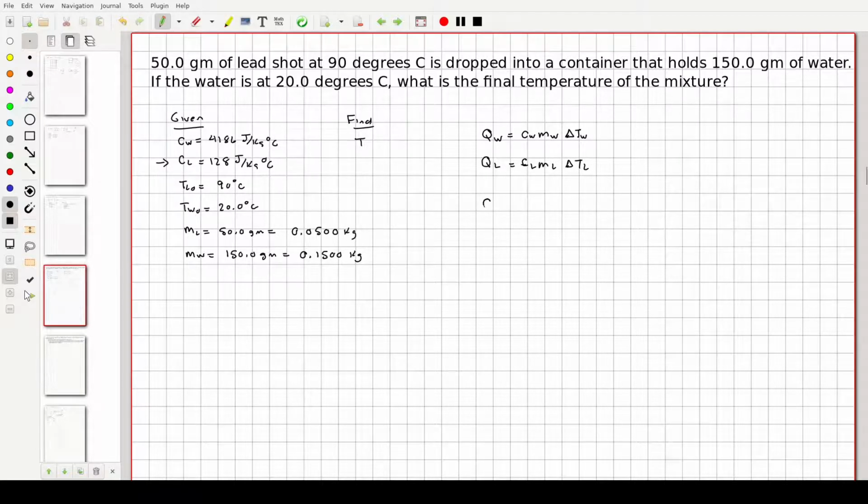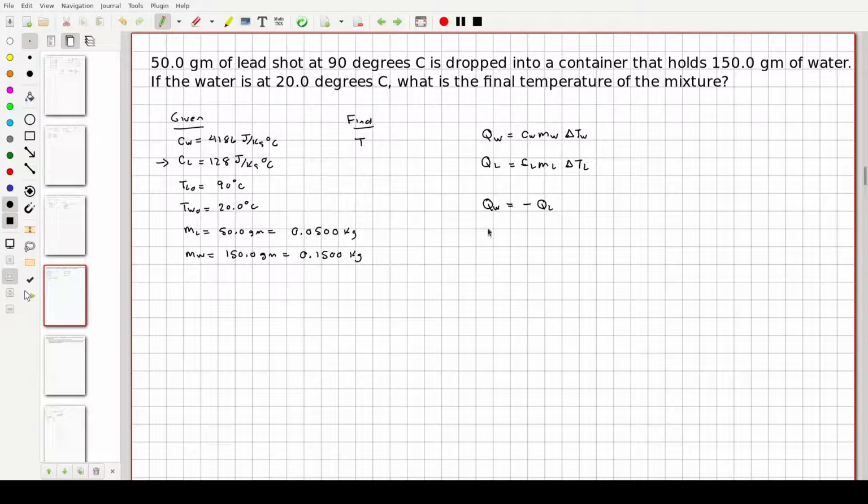The way we show that is to say that the energy that the water gets is the same as what the lead loses. Now this is going to be negative, this is positive, so we put a minus sign out in front to show, sort of like when we talked about the relationship between work, potential energy, and kinetic energy, there was an intrinsic negative there, that in this case the lead is losing it and the water is gaining it.